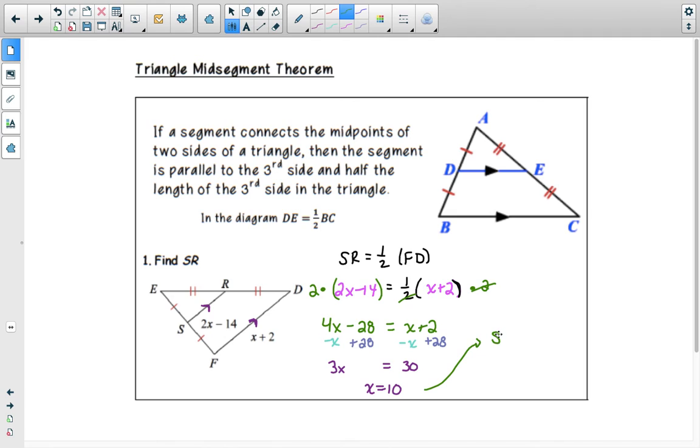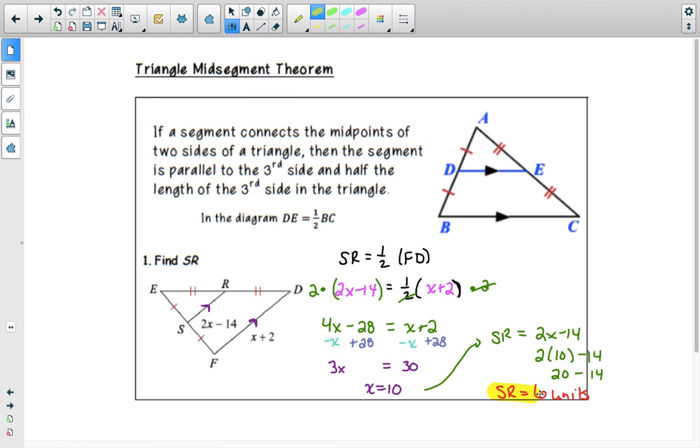So we know that SR is equal to 2x minus 14. So we plug in that 10 where the x is. So 2 times 10 minus 14. 2 times 10 is 20 minus 14. So therefore, the length of SR is equal to 6 units.